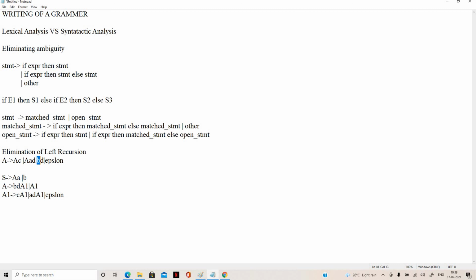Why? Because the grammar should contain non-terminal and terminal combinations. Then A will be like this: B D A dash or A dash.